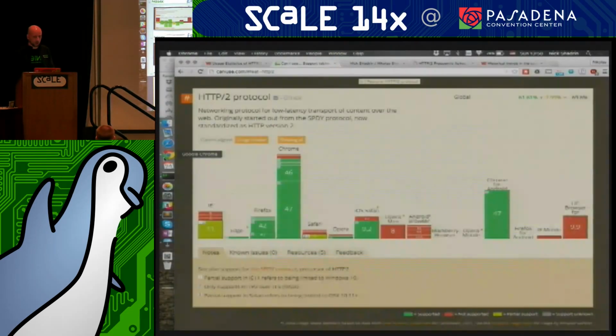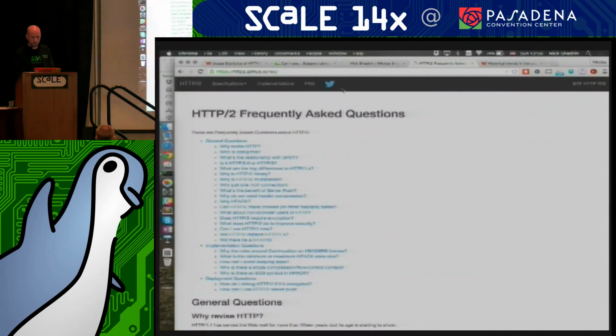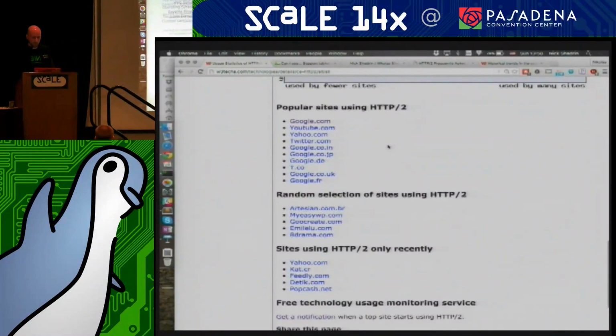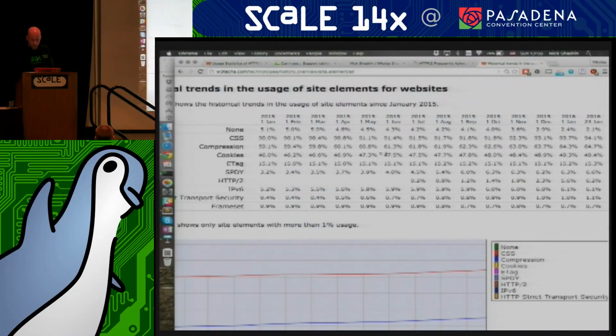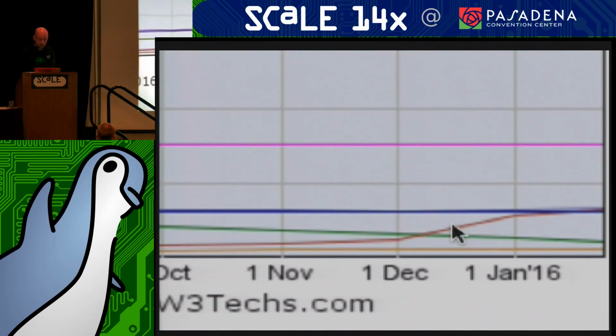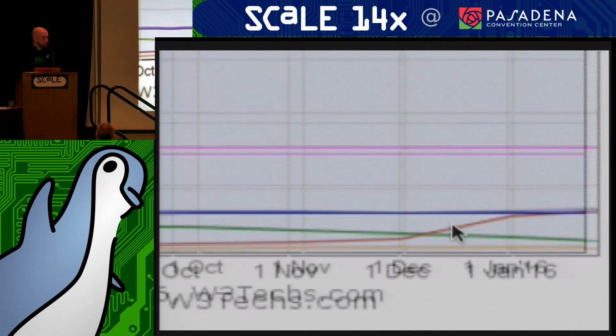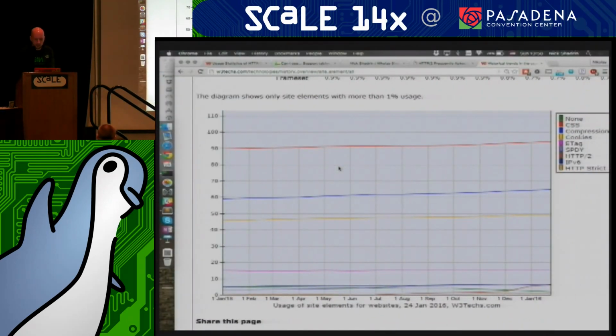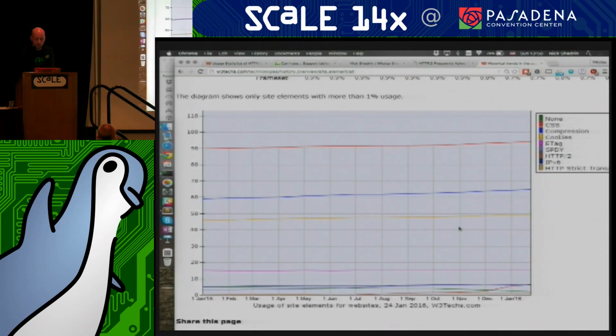If we look at the historic trend on the W3Techs, on this page, we'll see that HTTP2 right here is the most growing site element at this point. Basically, everything else is staying on a flat line.